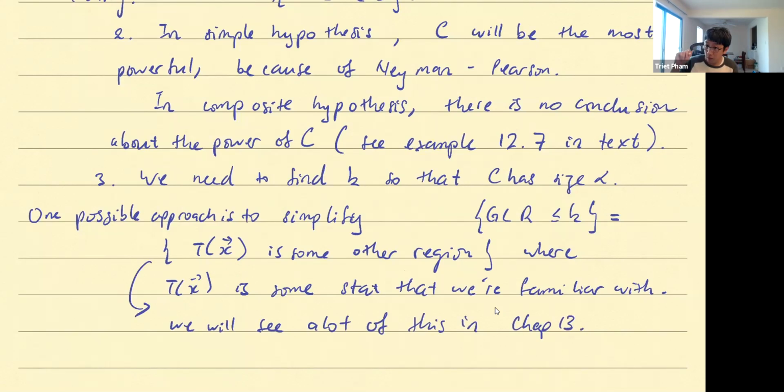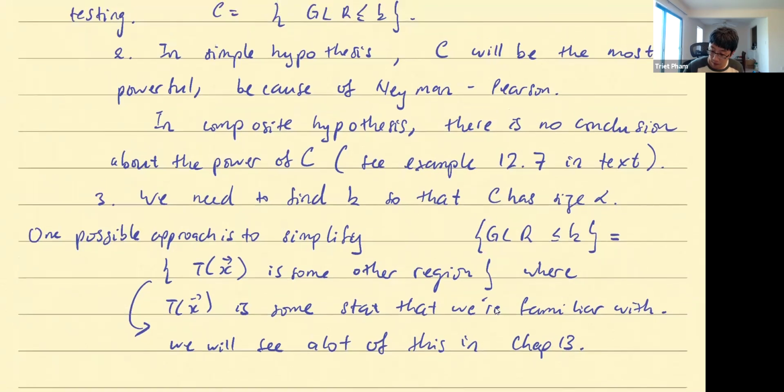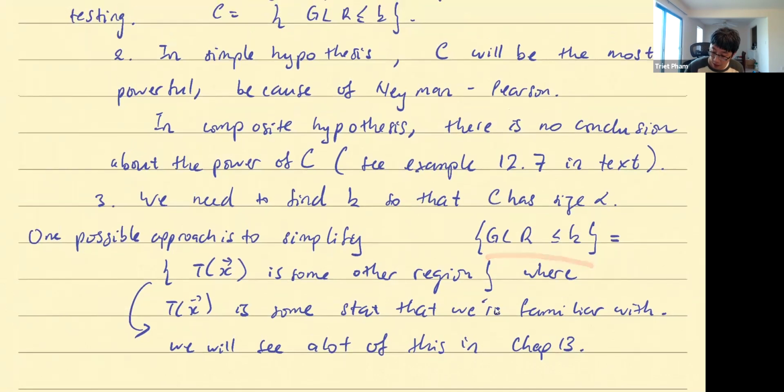I just hope that you understand the message. The message is that we work with some other statistics as our test statistic, simply because the GLR may be very hard to work with. But on the other hand, the connection between these two regions may not be straightforward. In other words, there may be no connection at all.